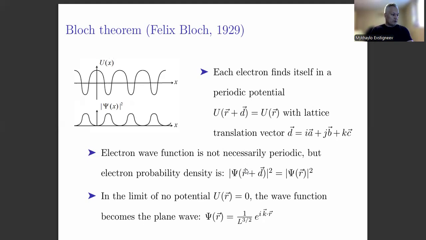The second statement that we can make is that in a particular special case, when there is no periodic potential, so you set the periodic potential to 0, the solution of the Schrödinger equation should reduce to the functions that we have already seen, that is, to the plane waves. A plane wave looks like this: exponential to the power i k r, where k is the quantum number, the wave number of the plane wave.